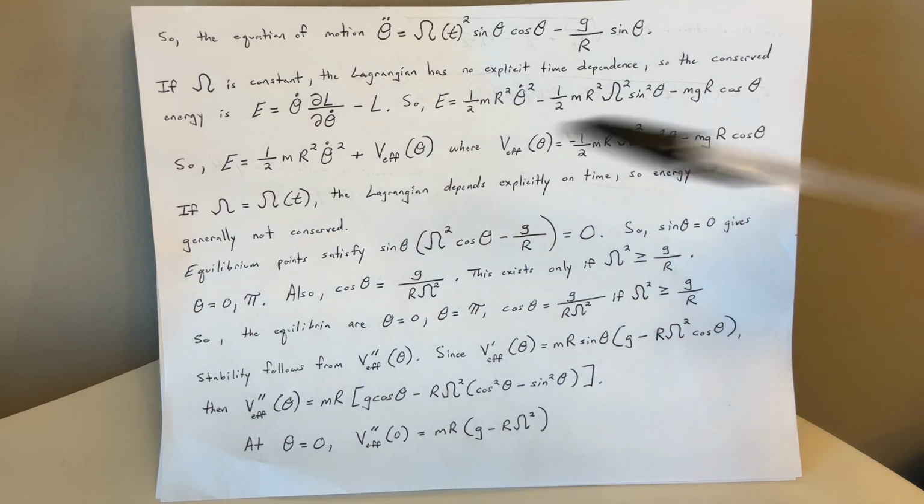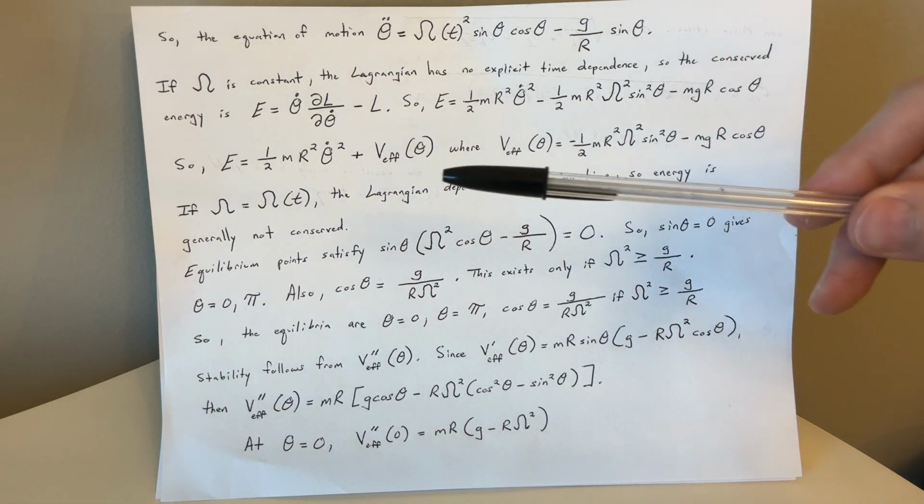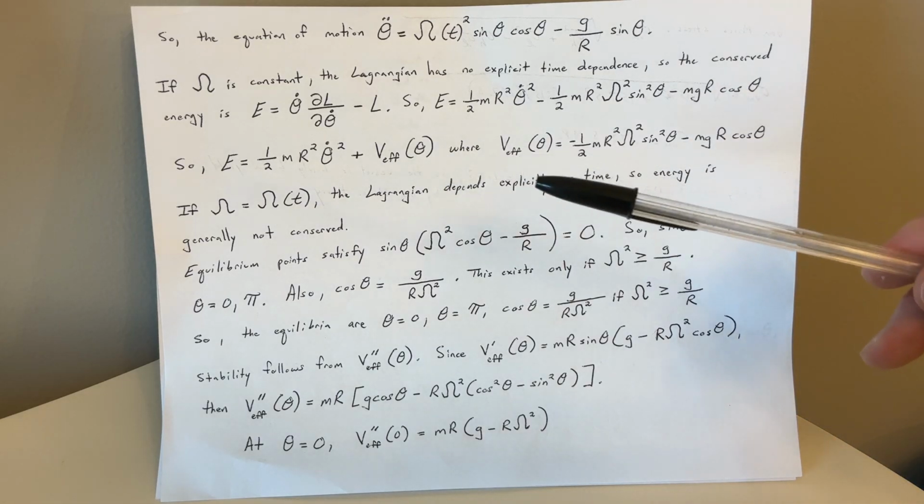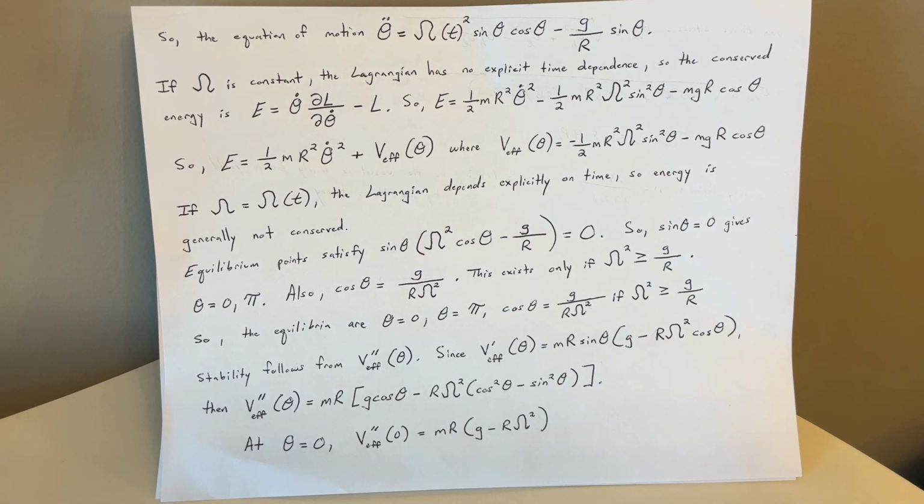And so E equals 1/2 m r squared theta dot squared plus V sub EFF of theta, where V sub EFF of theta equals negative 1/2 m r squared omega squared sine squared theta minus mgr cosine theta.